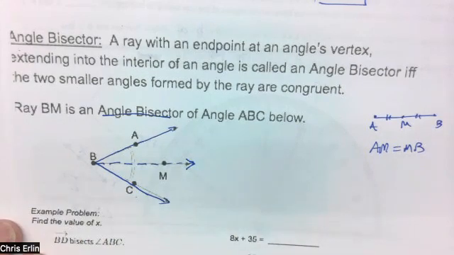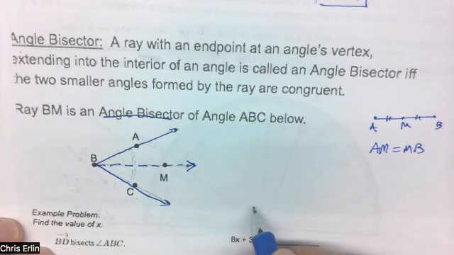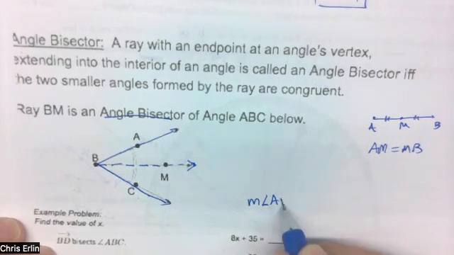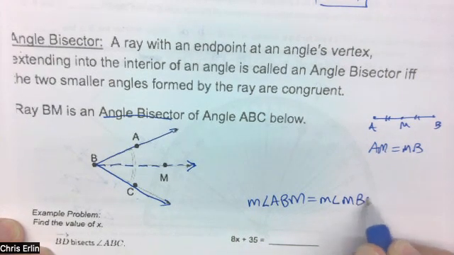What does that mean about this picture? Kind of like what we did here. ABM is equivalent to MBC. Good. The measure of angle ABM is equal to the measure of angle MBC.